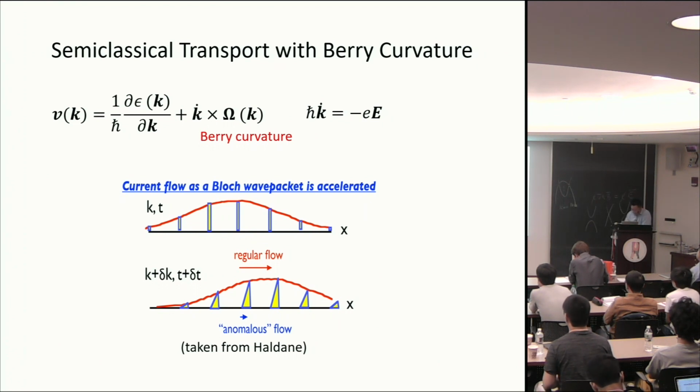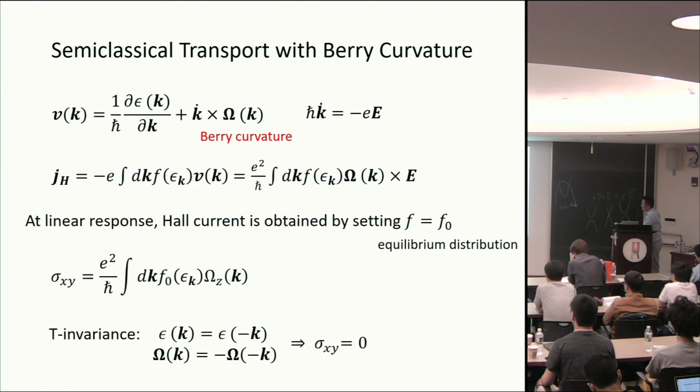So you can think of it as an intra-unit cell current flow, a current flow not coming from the center of mass motion, but coming from the electron density within the unit cell.